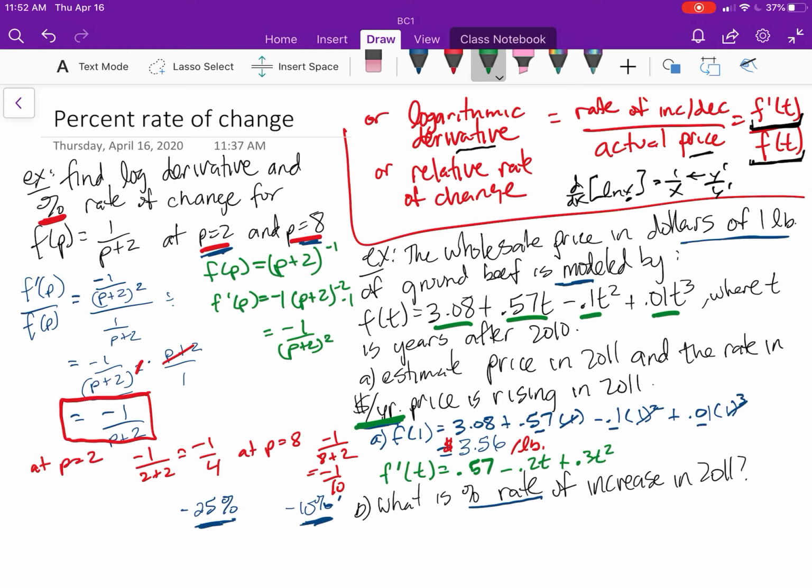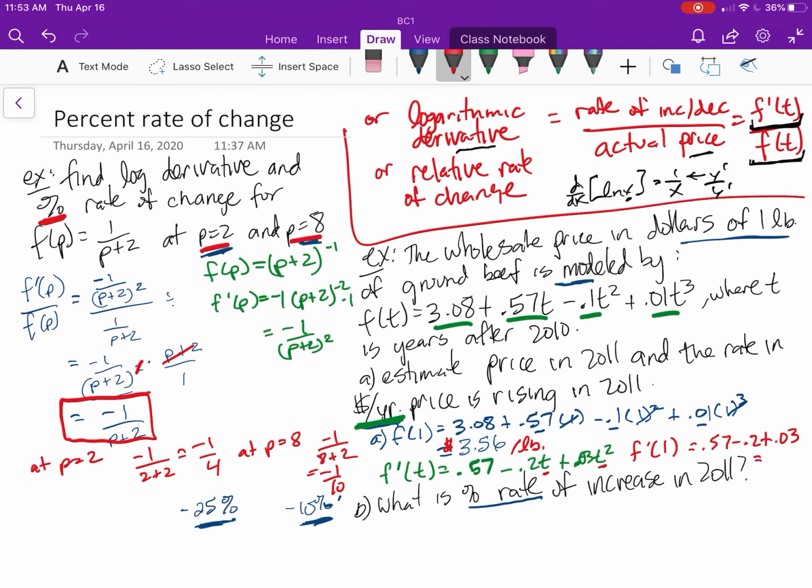I should have given myself a little bit of room. That's okay. So f prime of 1, again, t is 1 isn't going to change anything. So I'll just get 0.57 minus 0.2 plus 0.03. I just realized that mistake there, it should be 0.03. So 0.57 minus 0.2 plus 0.03 should be 40 cents.